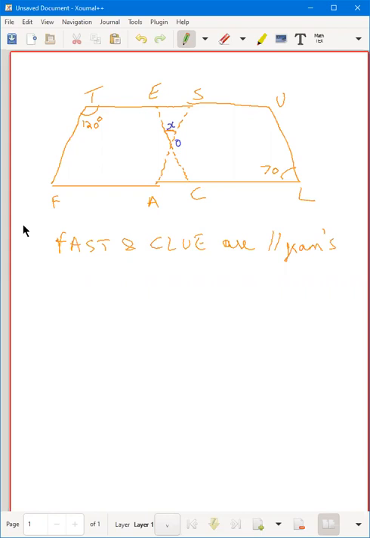So fast and clue are parallelograms. Angle T is 120 degrees. Rishima, that's incorrect. Angle L is 70 degrees. Find out angle X. I'll give you a hint. Find out this angle, angle 1 and angle 2. Find out angle E, that is SEC, and find out angle ESA.